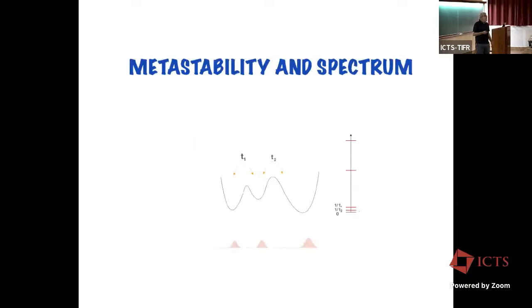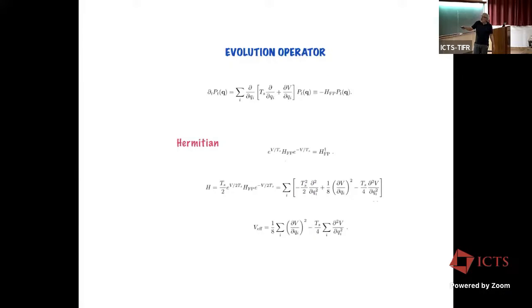Okay, so something that perhaps you know, and if you don't know, it's quite natural. If you have a stochastic problem that has three valleys, let's say the temperature is very low, and you want to discuss, you have three metastable states, 1, 2, 3. And you want to see what the spectrum of this operator looks like.